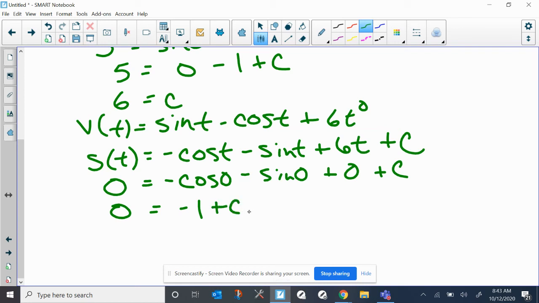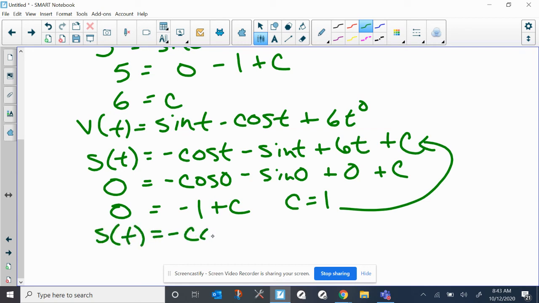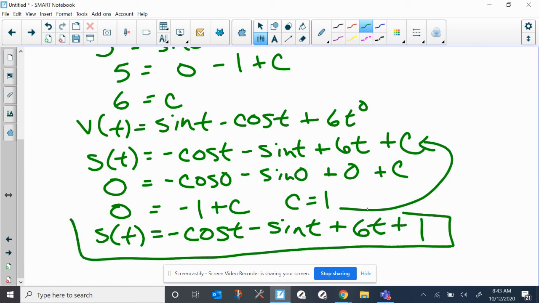So I have negative 1 plus c, and that means c equals 1. You are not done until you write in the 1 for the c. So my position function is s of t equals negative cosine t minus sine t plus 6t plus 1. And that is the position equation in terms of t.